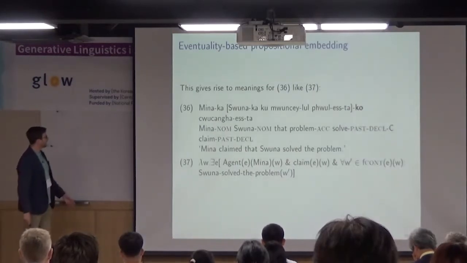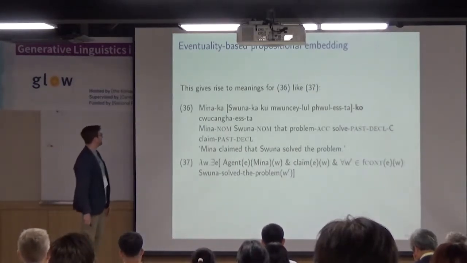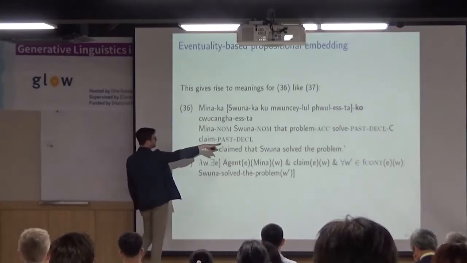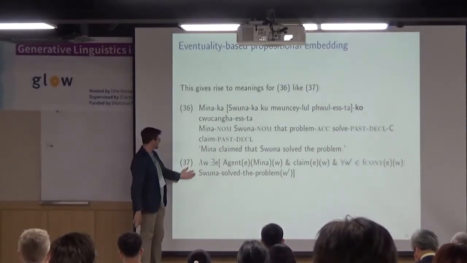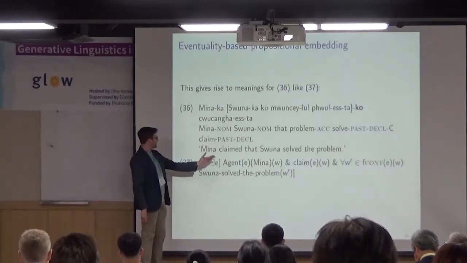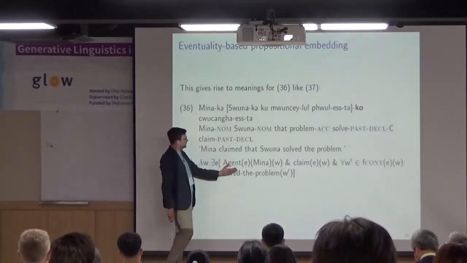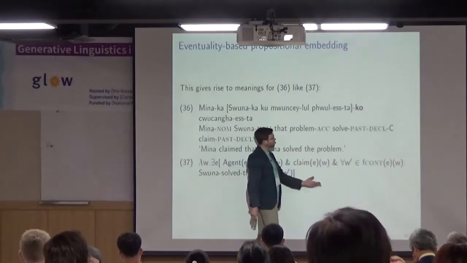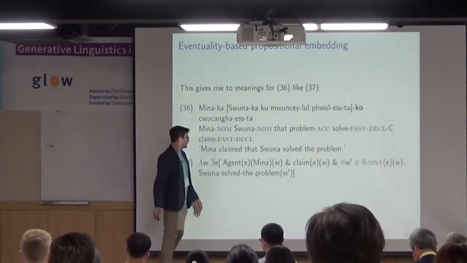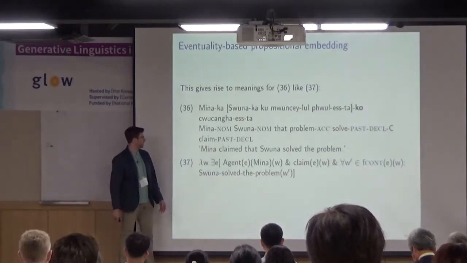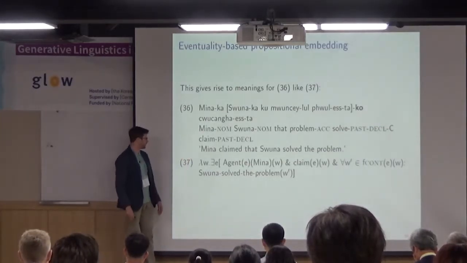Okay, so you get meanings like, for just the simple Mina claimed that Swoona solved the problem, what these sentences come out as saying is that there's an event whose agent is Mina, it's a claiming event, and the propositional content of that event is all worlds compatible with that propositional content.